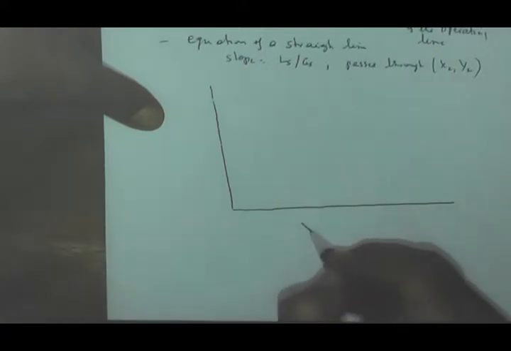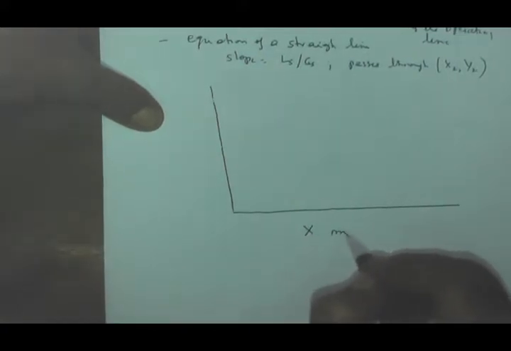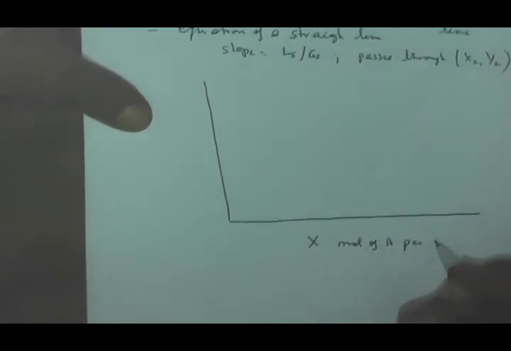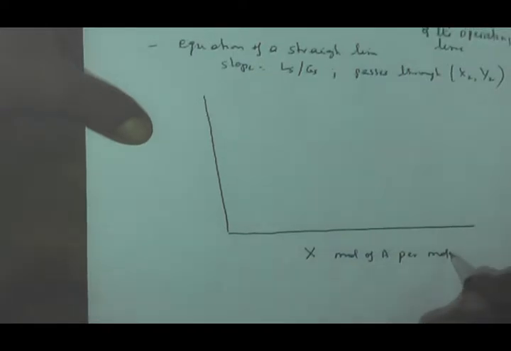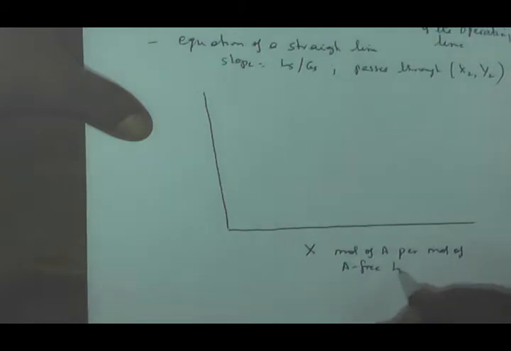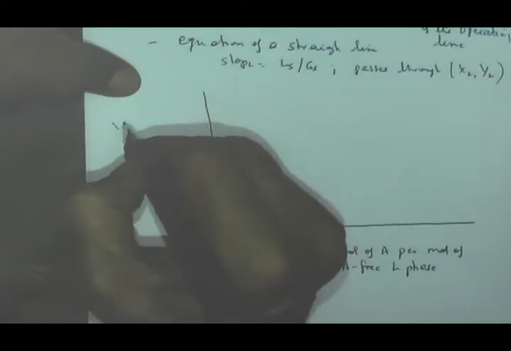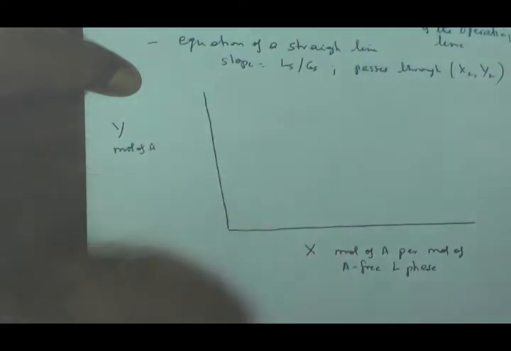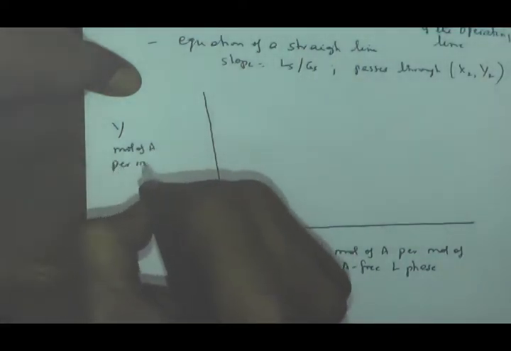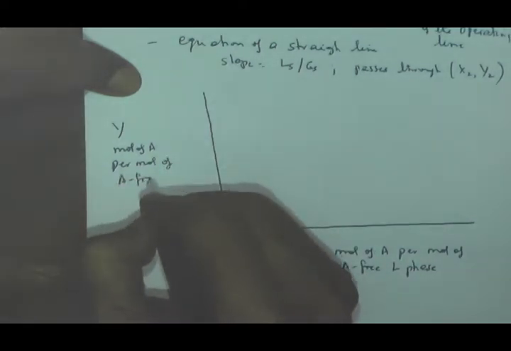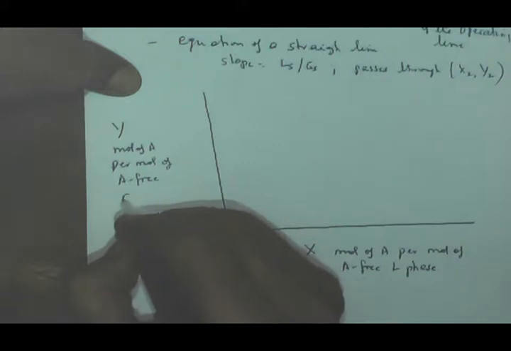So this is now in terms of capital X, which is the mole of A per mole of A free L phase. And this is Y, which is the mole of A per mole of A free G phase.